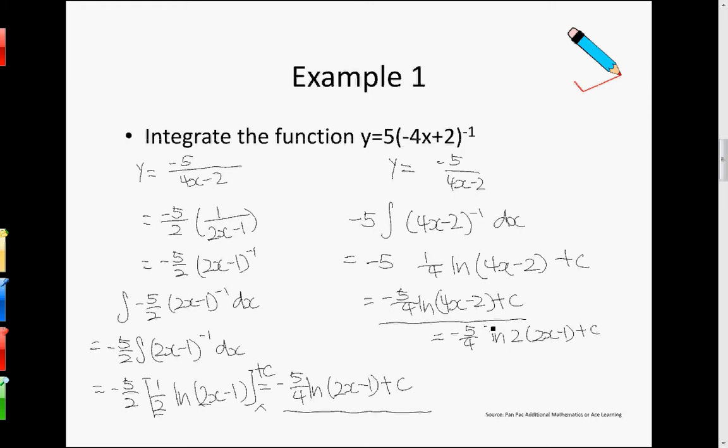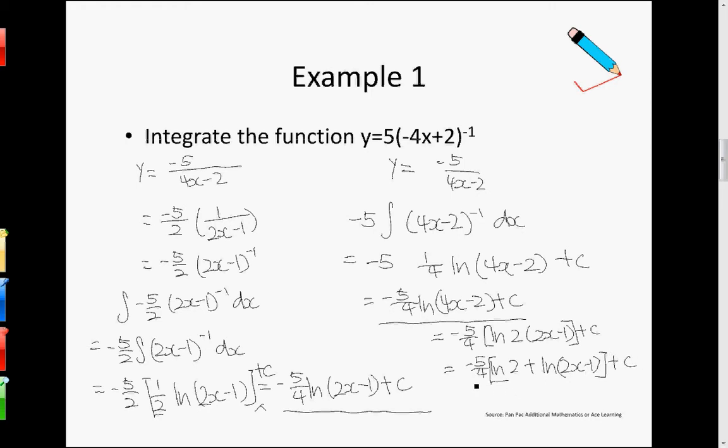However, this one also has to be times by the negative 5 over 4. However, you know that when we have ln 2 times something, this is just actually ln 2 plus ln 2x minus 1, right? Okay, and then plus c.